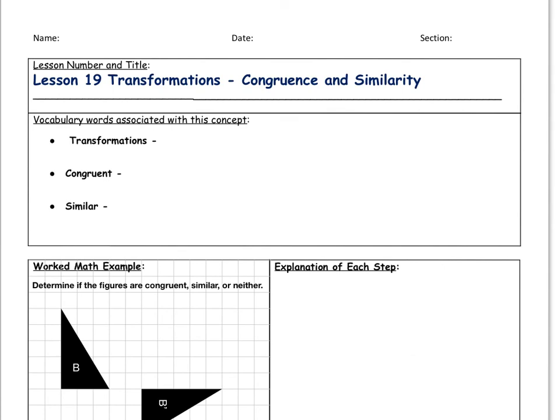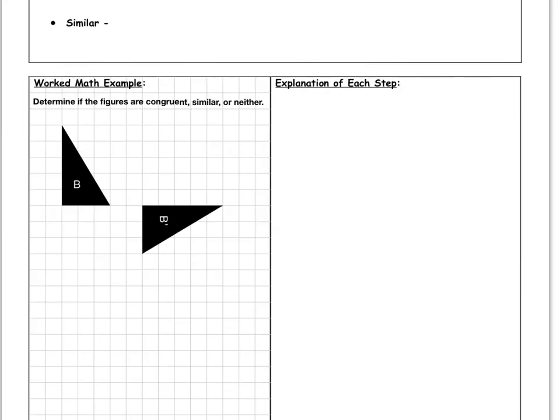Now you're going to be trying to do this by yourself. The first thing, keep in mind, you're going to write the definitions using the back part of the page. You're also going to be looking at the transformation. What transformation took place? Use the tracing paper provided to ensure that you get the correct transformation. And then after, you need to figure out if it's congruent and similar, or if it's similar but not congruent. I will provide you a hint.